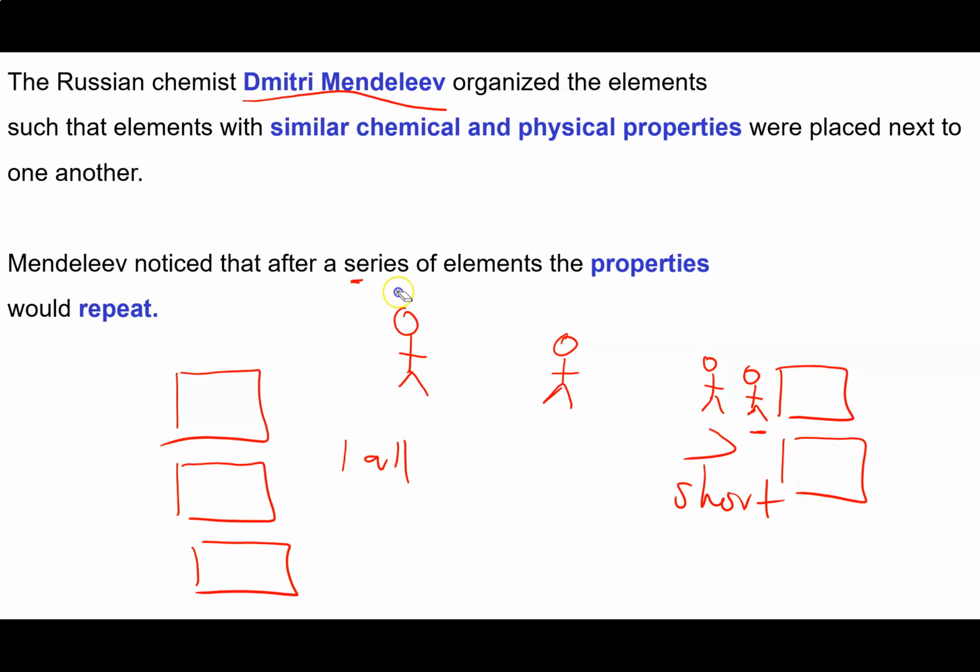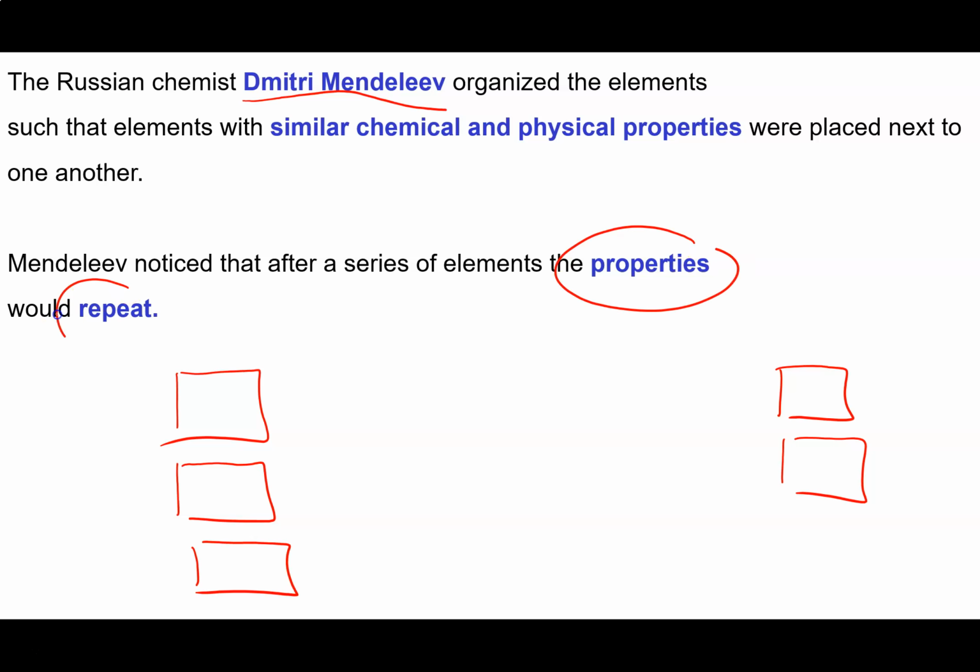Now, what Mendeleev found with the elements that he knew of was that he didn't get a list of the elements going left to right. What would happen is, after a while, the properties of the elements would repeat.